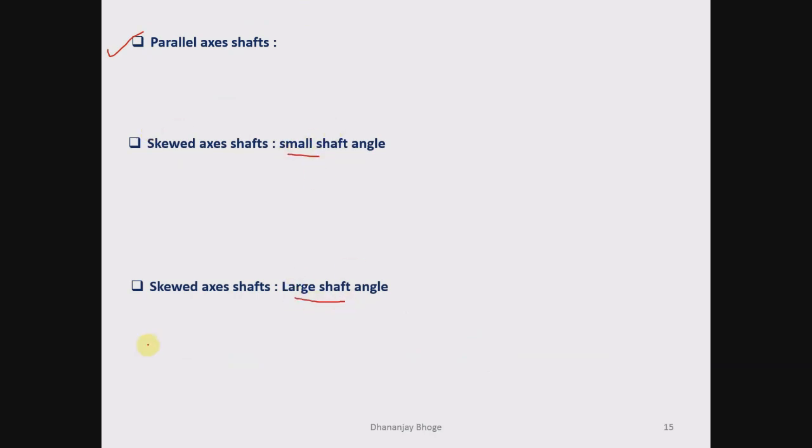Write down parallel axis shafts, skewed axis shafts with small shaft angle and with large shaft angle. पहिले काय, parallel axis shaft मध्ये काय असते, we use helical gears having same helix angle. So alpha 1 is equals to alpha 2 equals to alpha.